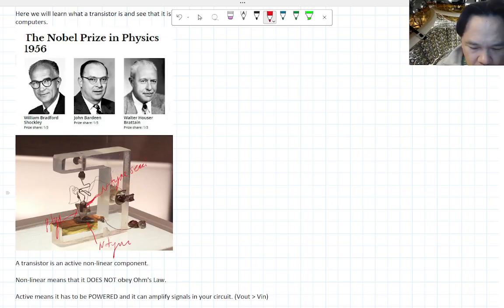I'm not sure about this ordering; the P's could be switched with the N's. I can probably look that up. But the main idea of a transistor is that you're sandwiching two of one type of semiconductor that makes up what I call the bread, and then you put a little sandwich meat in between them, and that has to be the opposite type of semiconductor, and this gives you a transistor.